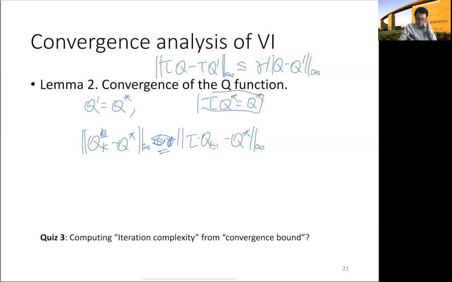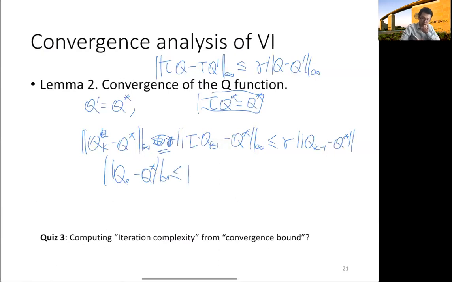Then this is smaller than gamma of QK minus 1 minus Q star. So initially, Q0 minus Q star is bounded, smaller than 1. Why is it? Actually it is smaller than 1 over 1 minus gamma. Why is that? This is because we assume that the reward vector is always between 0 and 1.